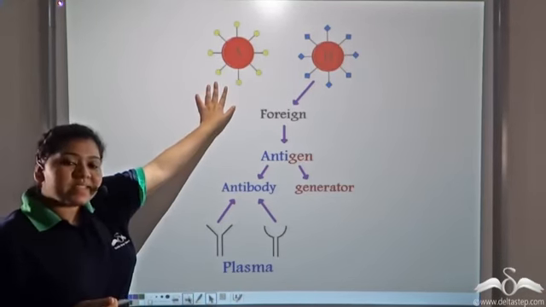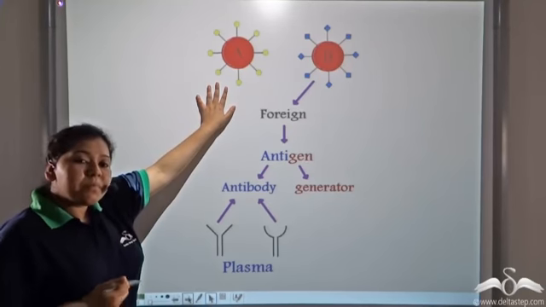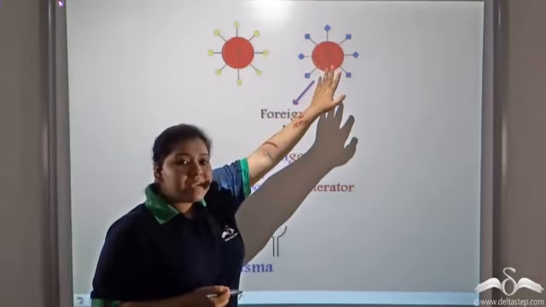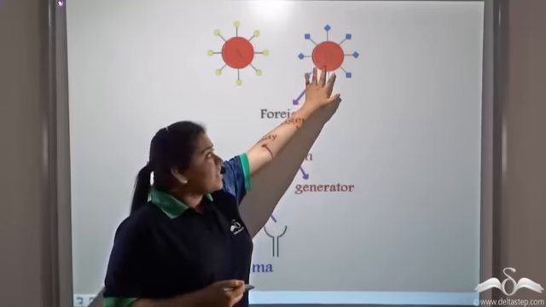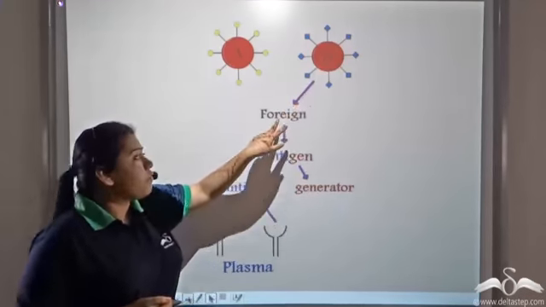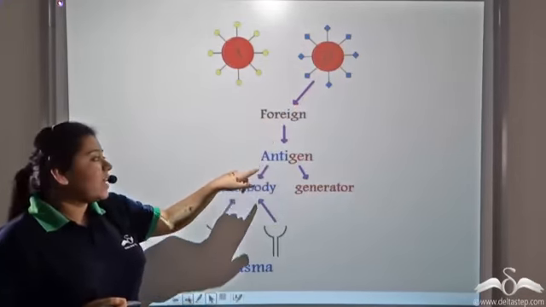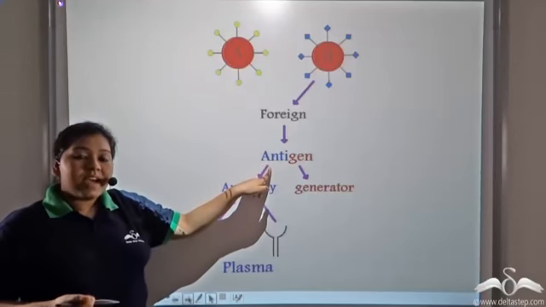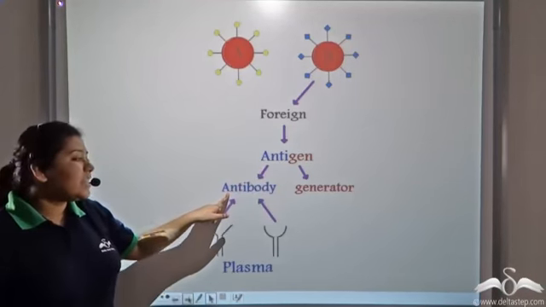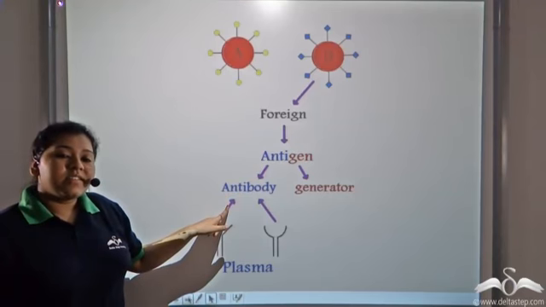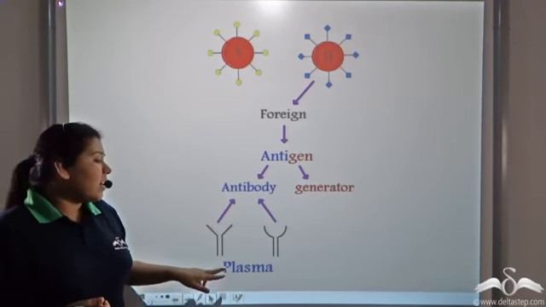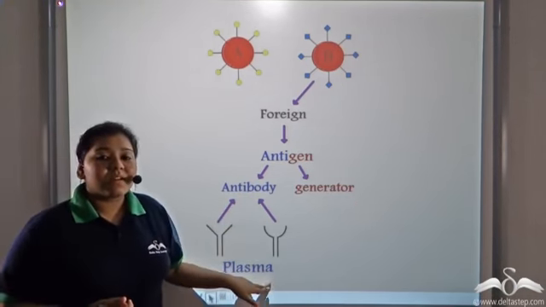Now, if he gets a transfusion from a man who has a B blood group, then this blood becomes a foreign particle, that is an antigen. Antigen is an antibody generator. These antibodies are secreted in the plasma.